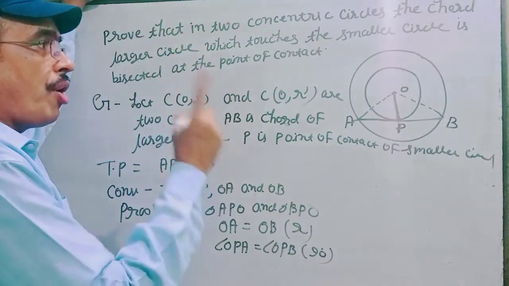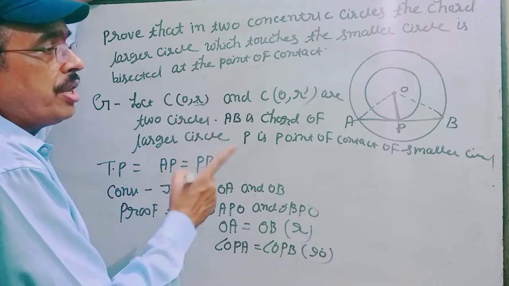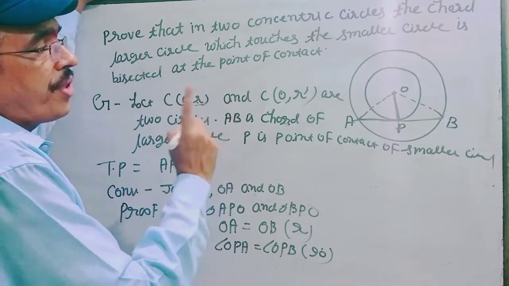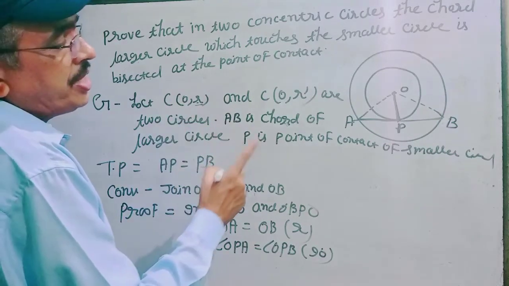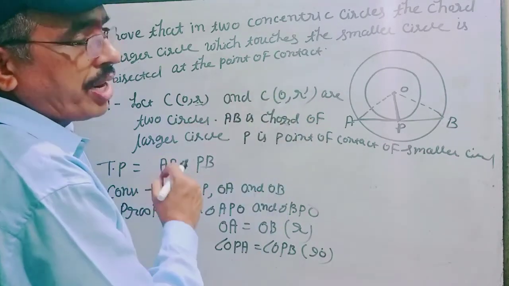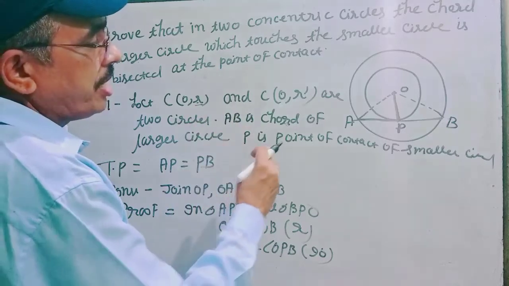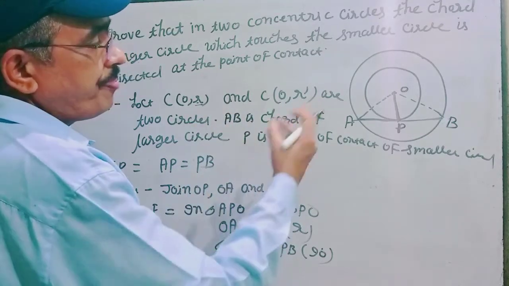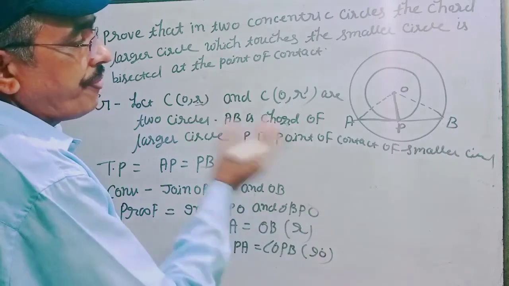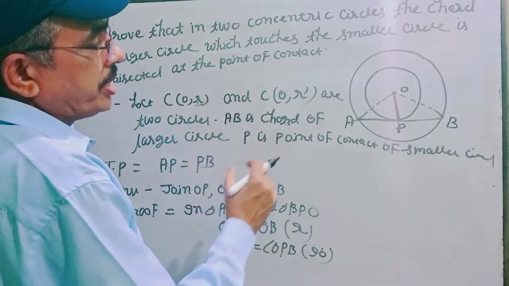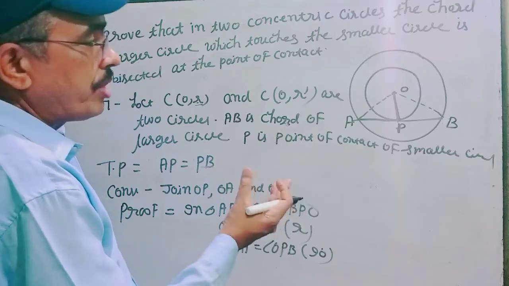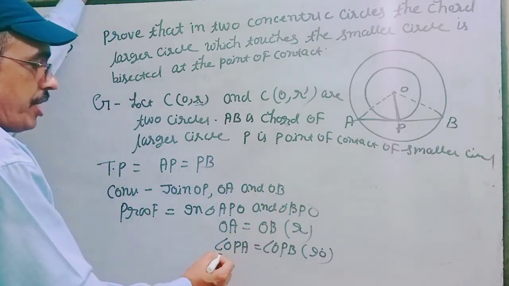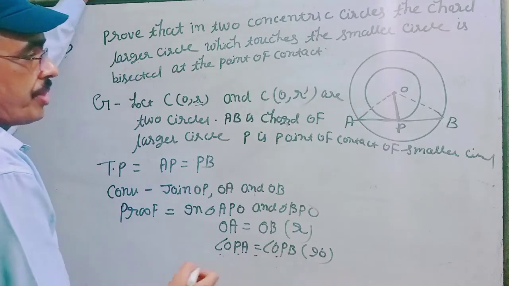AB is the chord of the larger circle, but AB is the tangent to the smaller circle. Because this AB touches the circle at one and only one point, it is clear that AB is the tangent and P is the point of contact. So in the first theorem, you know that the radius at the point of contact of a tangent is always perpendicular to it. So we can write that angle OPA is equal to angle OPB is equal to 90 degrees.